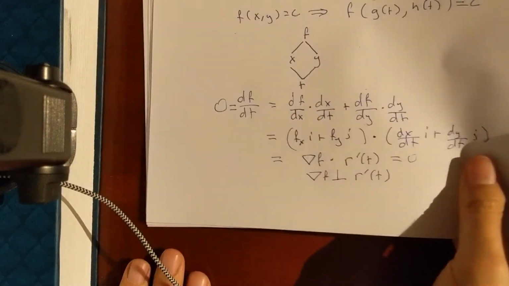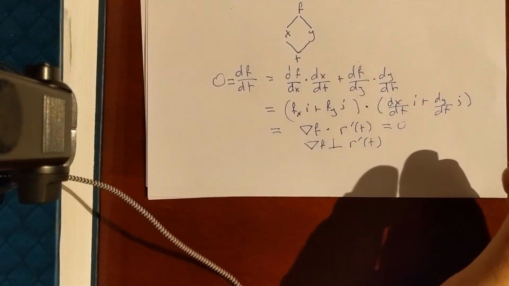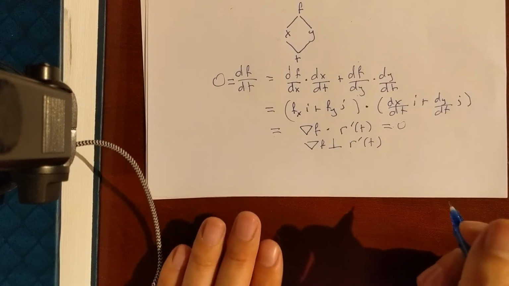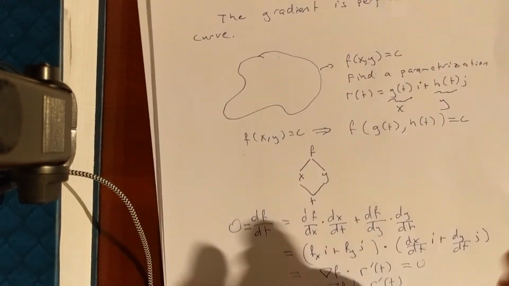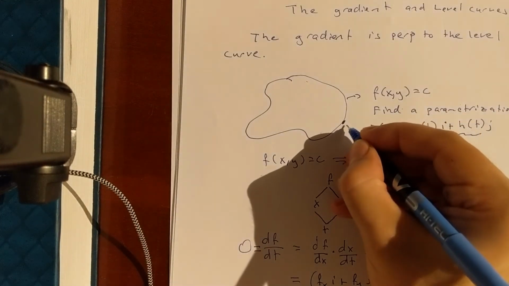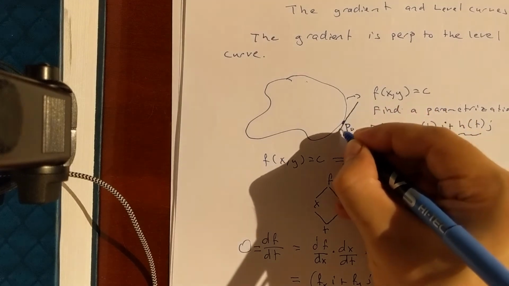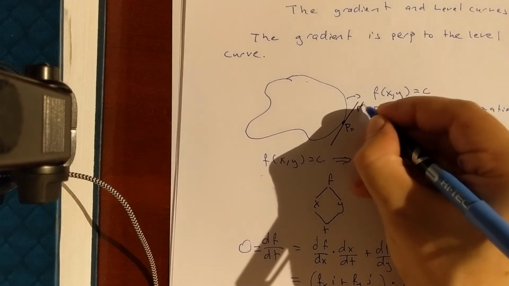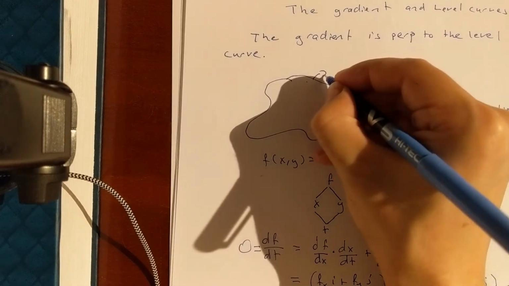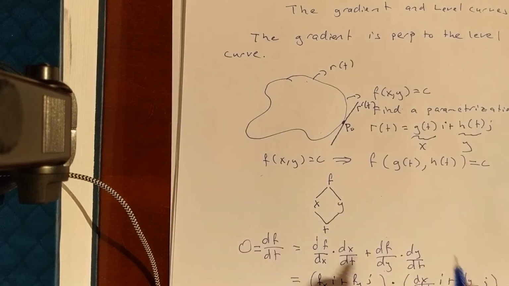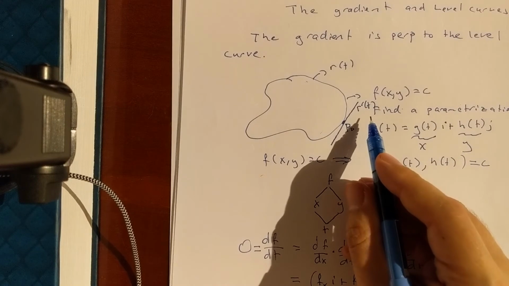But what is r prime? R prime is the tangent to this level curve. If we're given a point P naught here, the tangent will be r prime of t.